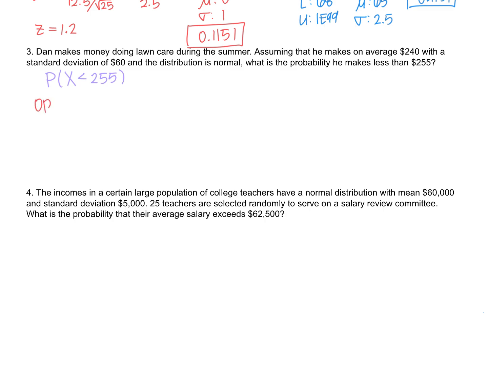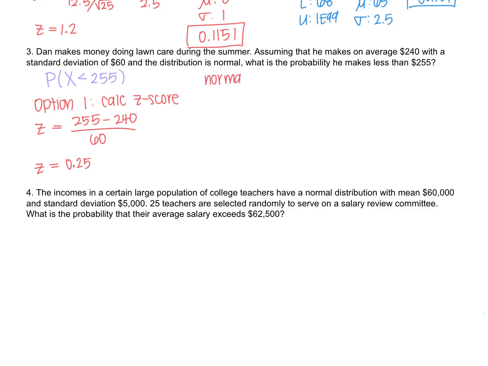So for option 1, we're going to have Z equals 255 minus 240 over 60, which is going to give us 0.25.